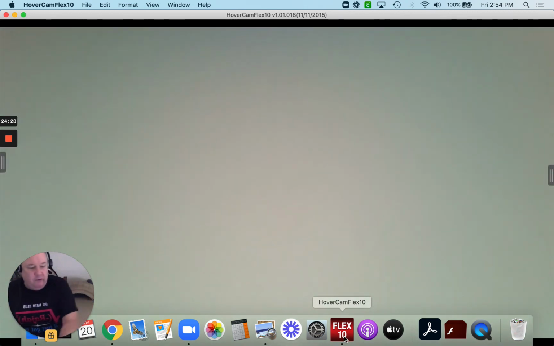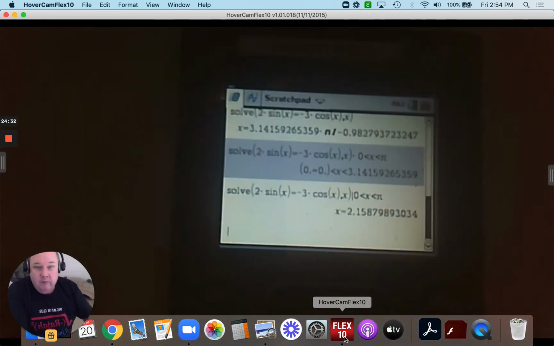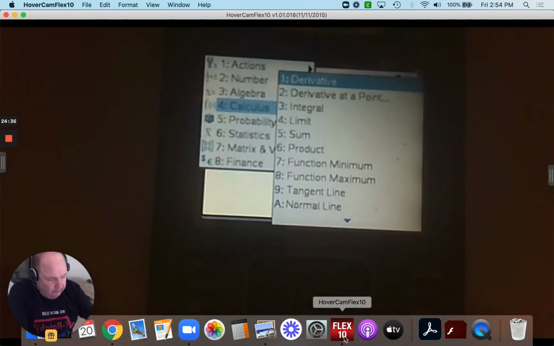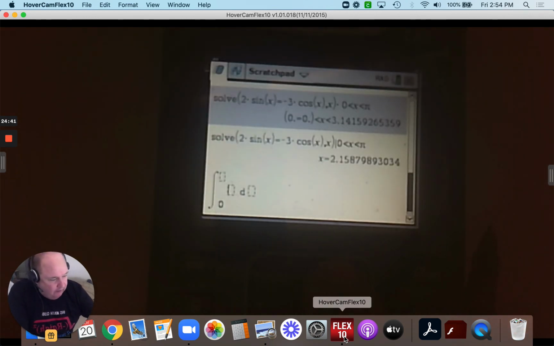So this is what it looks like on the calculator. Menu, calculus, integration. The bounds go from 0, and now I need to copy paste that. Let me see if I can just do the number and then double click it. There it is.